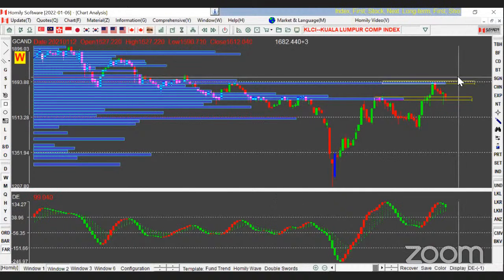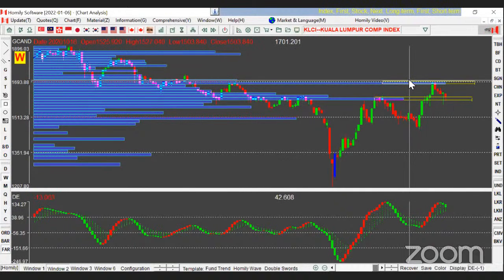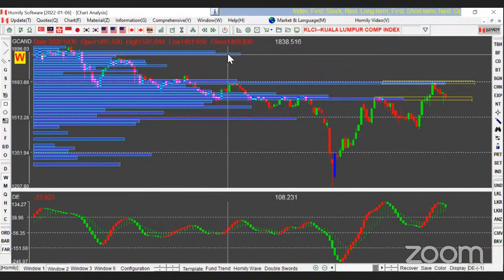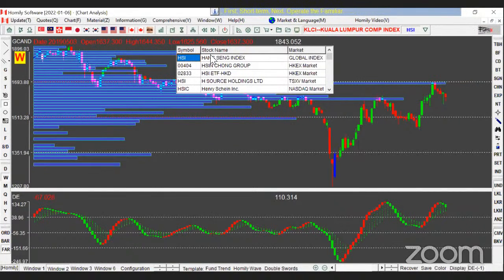So if it can break up, then we have, let's say, bigger rising space in future until we touch this relatively long blue bar above around 1,840 points. Okay, that's for KOCI. Then how about our Hang Seng Index?